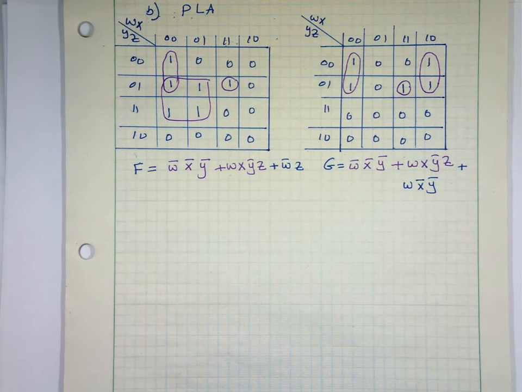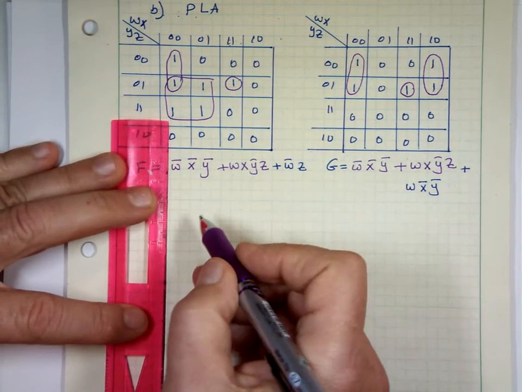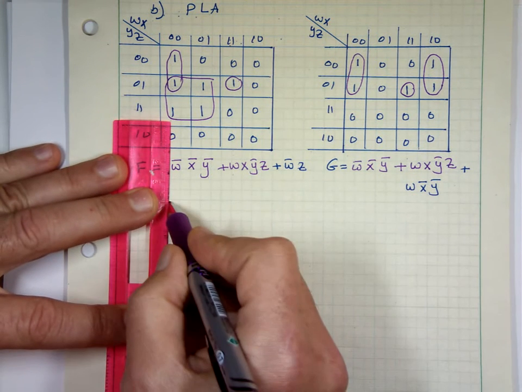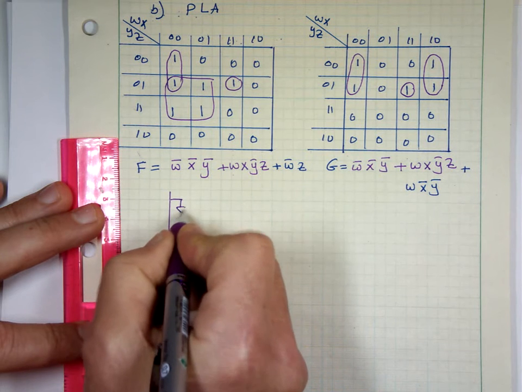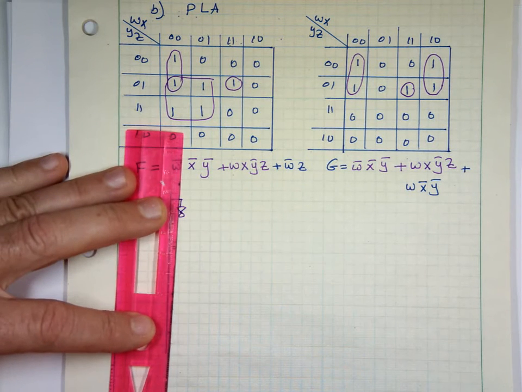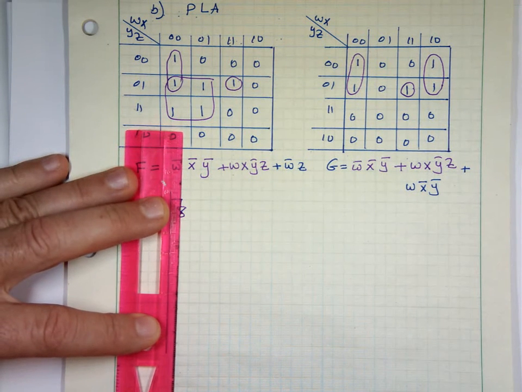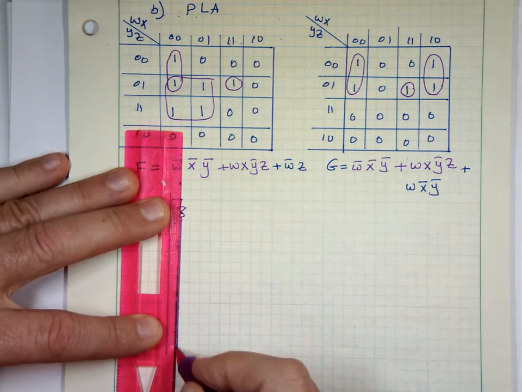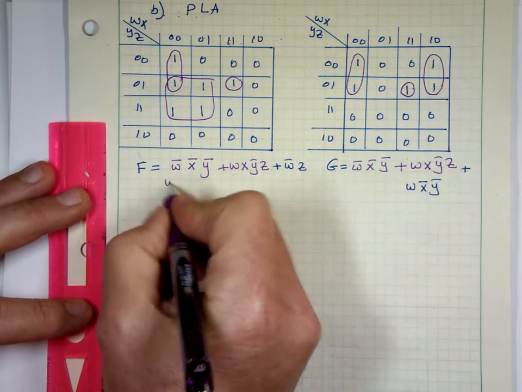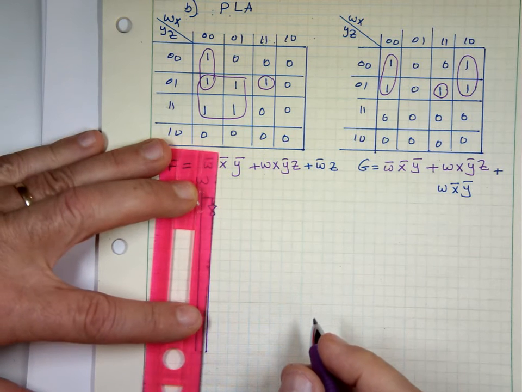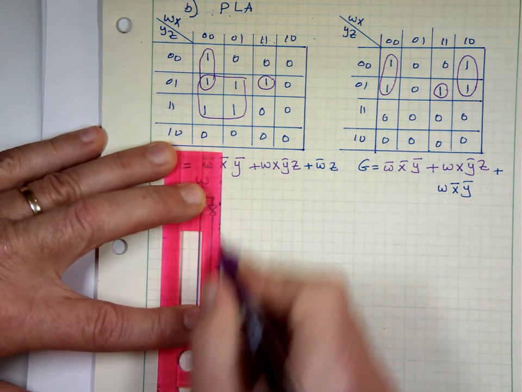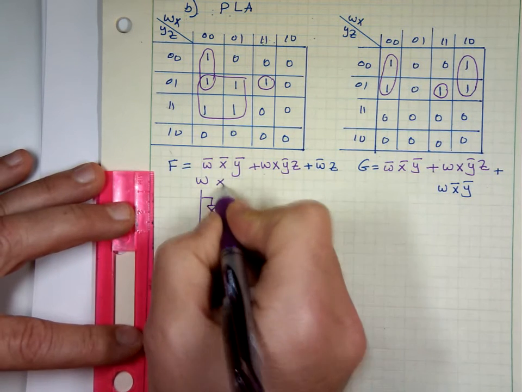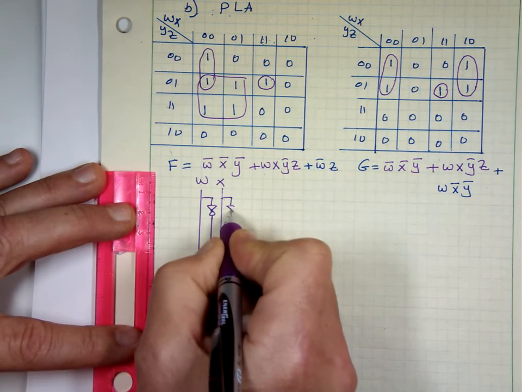So when I build them, this is a little bit different, shorter space here. This is W. Next one is X and X bar.